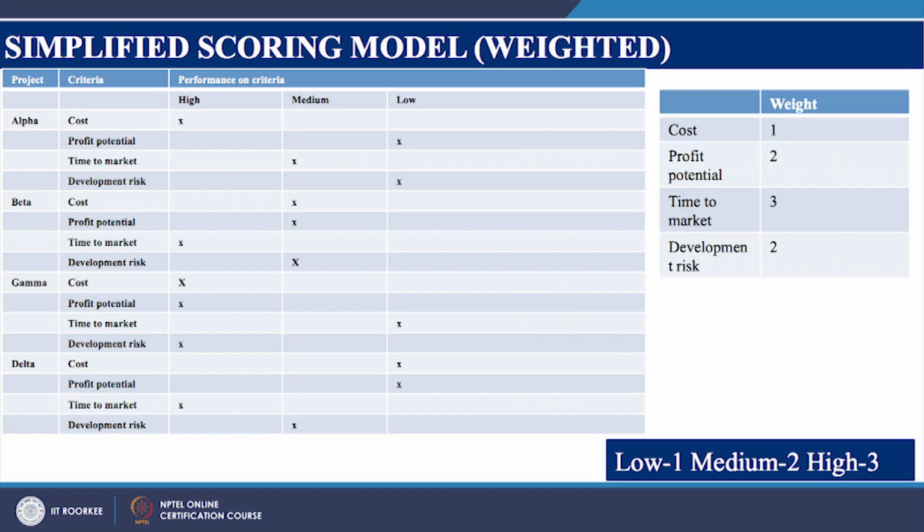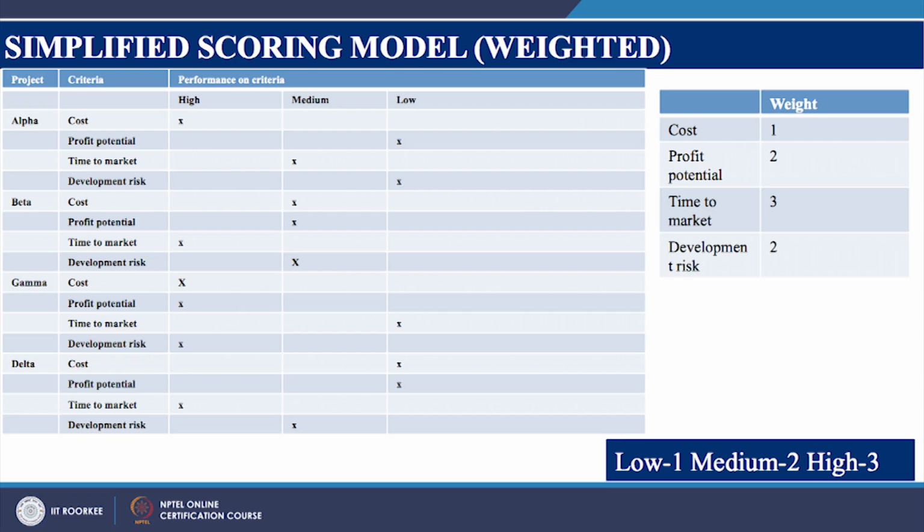Let us look at the next model, which is simplified scoring model. It is a weighted one. So, we will take the same example of 4 projects alpha, beta, gamma and delta, but here we are assigning weights also.